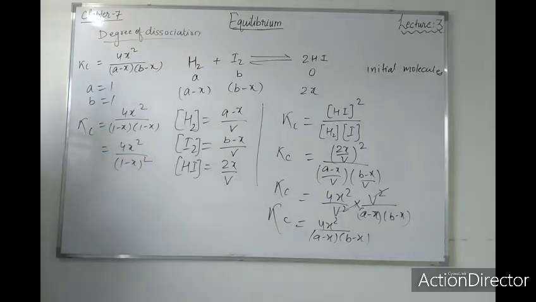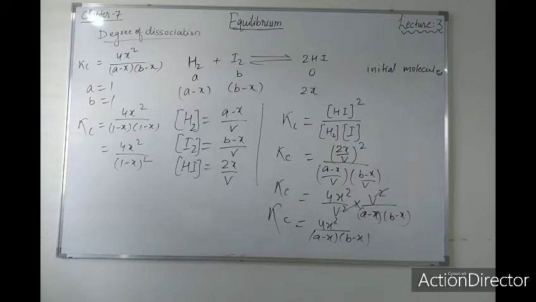Can we write this? Yes or no? Definitely we can write. So can you tell me whether the value of x will be less than 1 or greater than 1?